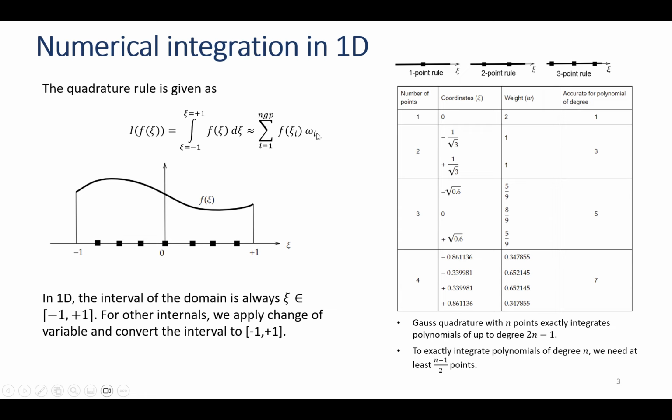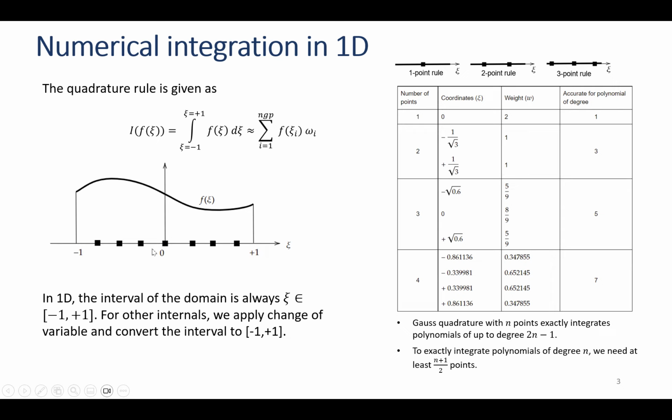Once we do this for all the Gauss points, we sum them. We have a variety of schemes in terms of the number of Gauss points. The Gauss points are denoted by the squares, and they spread all over the domain from -1 to +1.